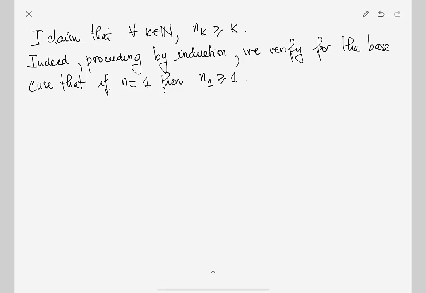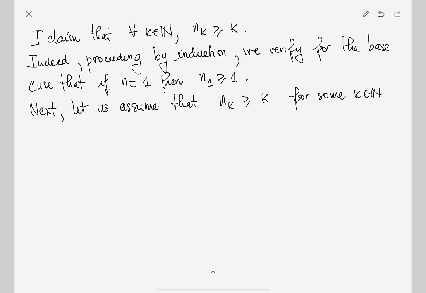So the base case holds. There's really nothing else to do here. Next, let us assume that nk is greater or equal to k for some natural number k where k is at least 1.